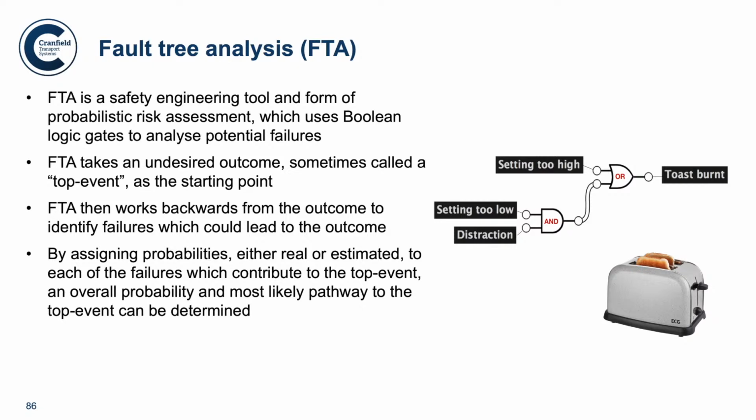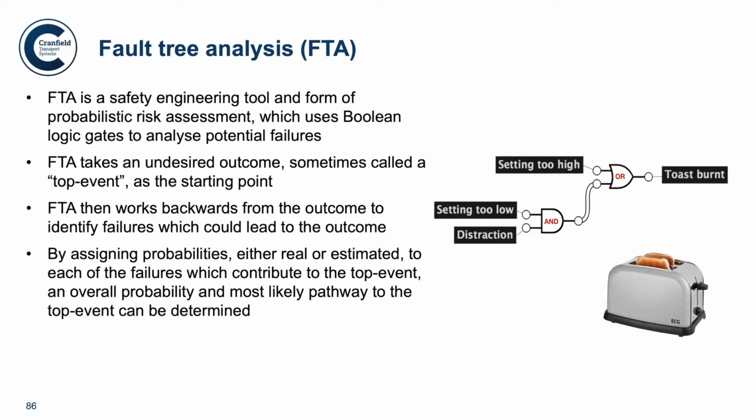So what we have here is my sort of clunky diagram on the right hand side, a very simplistic view of, say, toasting some bread in a toaster. And quite often, I don't know about you, but I end up burning it for one reason or another. With a fault tree analysis, we take an undesired outcome, like in this example, burnt toast, and we use that as our top event, our starting point, if you like.